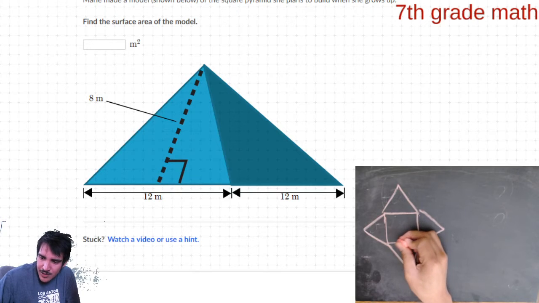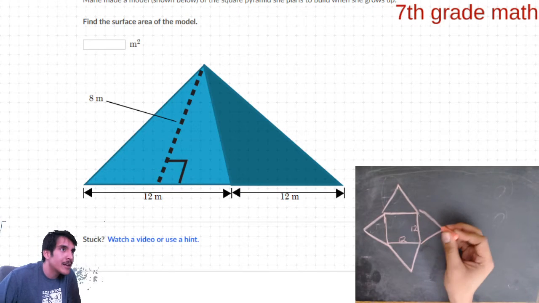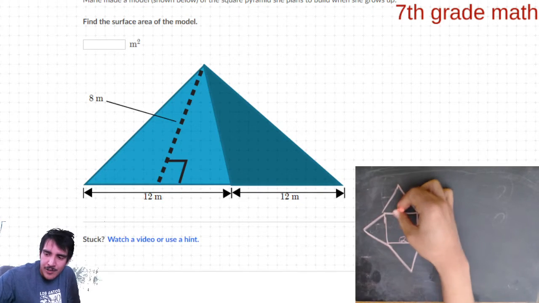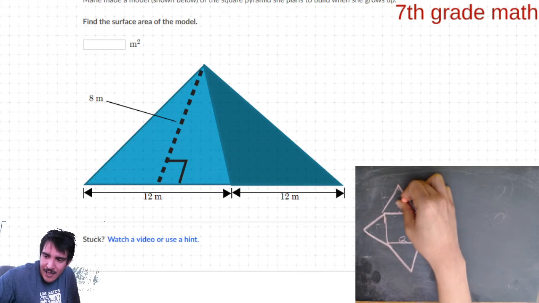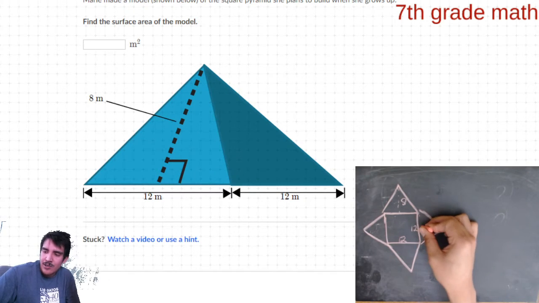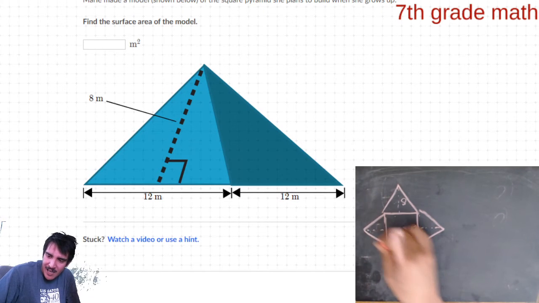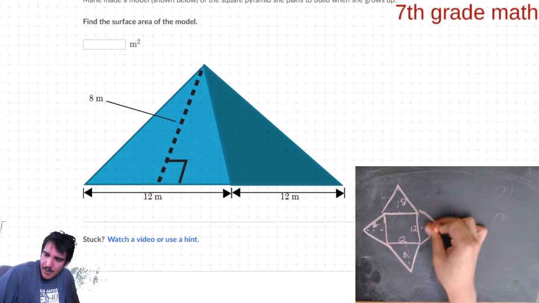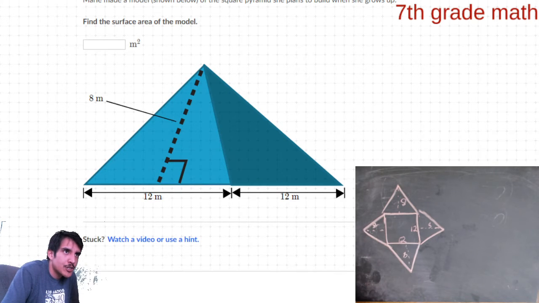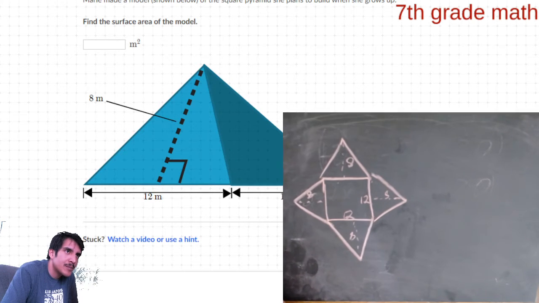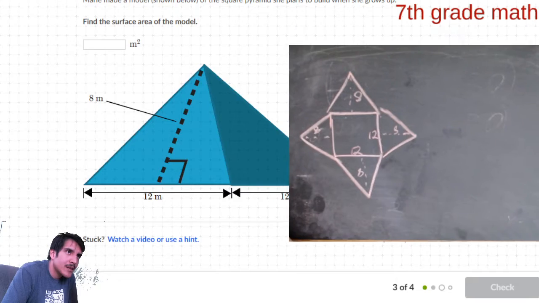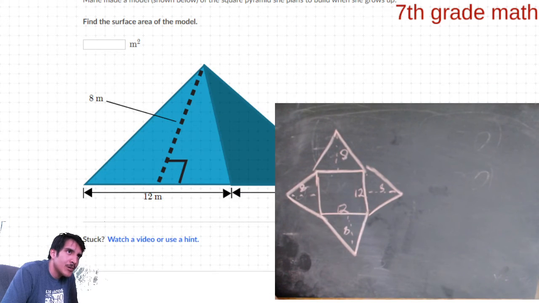Let's draw 12, 12, and then the height of the triangle is 8. So I draw a dotted line and put an 8 there, and dotted lines on the others, those should be 8. Cool. I should probably make this a little bit bigger. There we go.